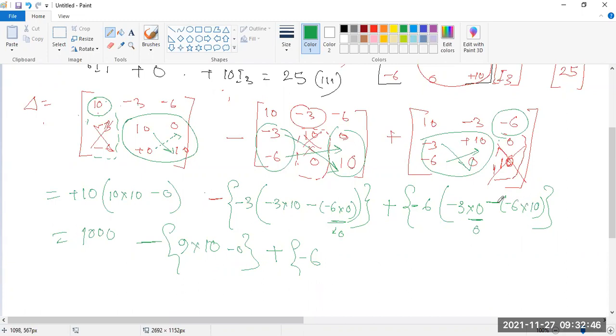Minus 60 into minus 1, it will be plus 60. Plus 60 into 6 equal to what happens? 360. Minus 360. Okay, and ultimately it is coming 1000 minus 90 minus this.